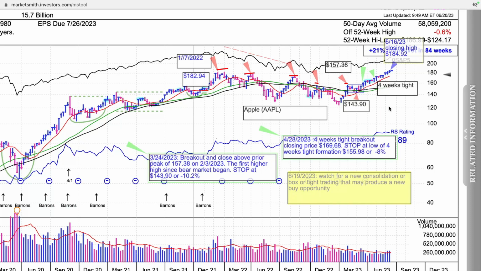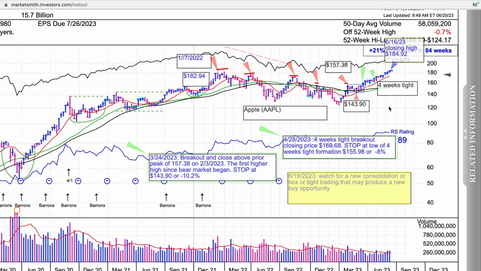The ideal basing period is usually 5 or 6 weeks. So if it's going to be a new base, the new buy point won't be until mid to late July. If we do a pattern where it goes sideways, you want to at least have 3 weeks of tight closes.